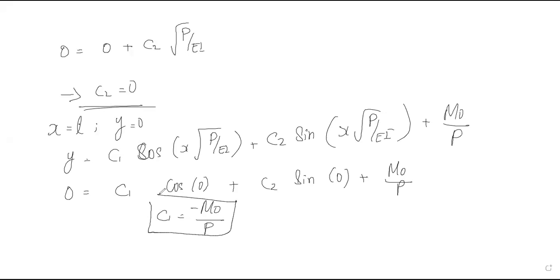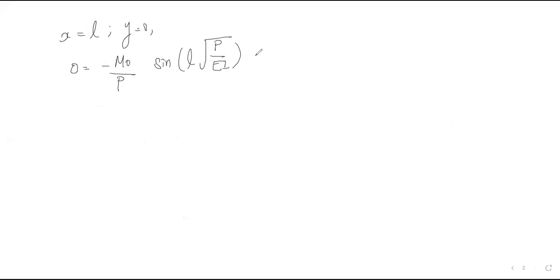Okay, now earlier we got the same equation. We are going to substitute this: if x is equal to L, then y is equal to 0. So y is equal to 0. Instead of C1, we are going to substitute minus m naught by P into cos L into root under P by EI, plus the C2 value is 0.